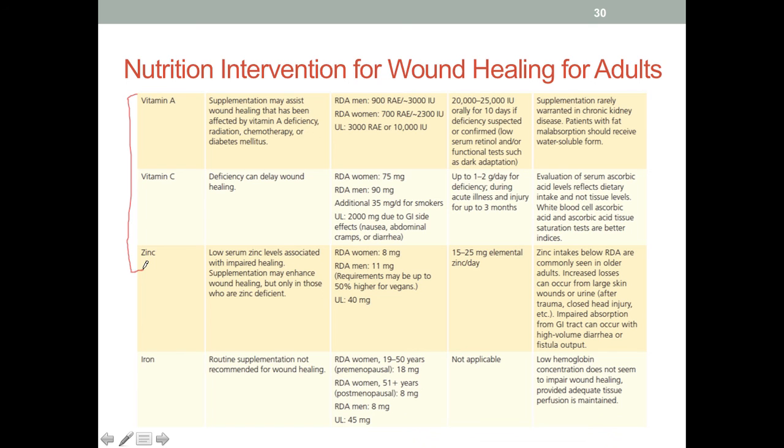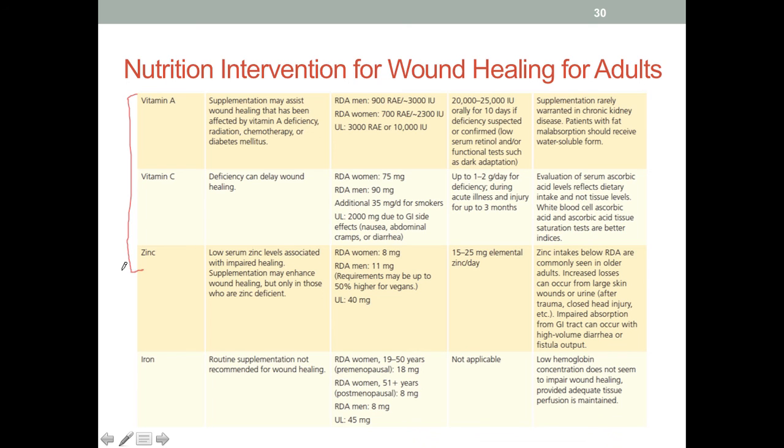To make new protein to heal the wound, we need certain genes to be expressed to make this protein, and vitamin A and zinc are required micronutrients for gene expression. Also, vitamin C is required to make normal collagen protein, which is a very important protein structure in any tissue.